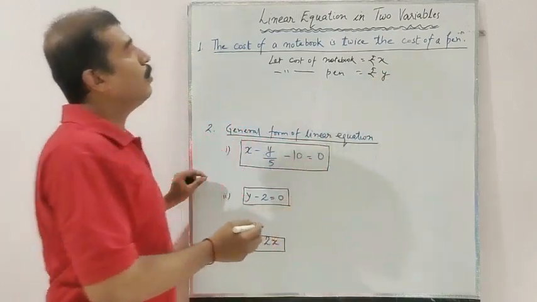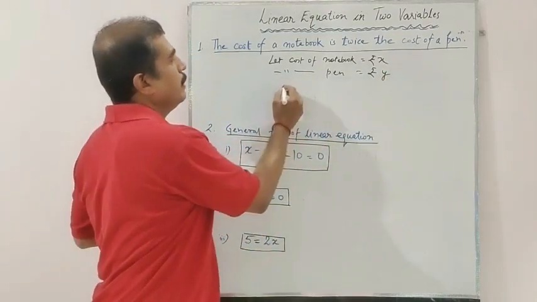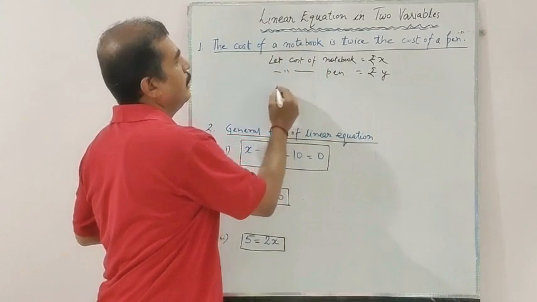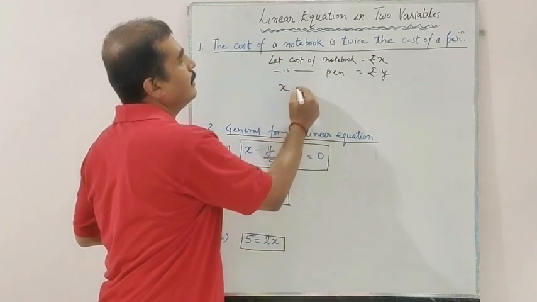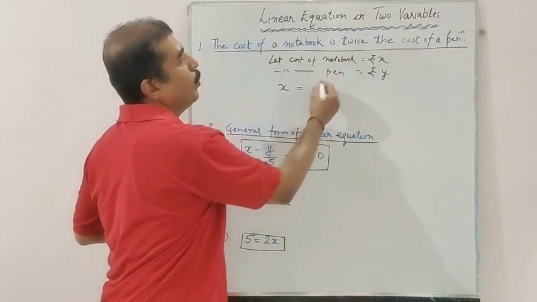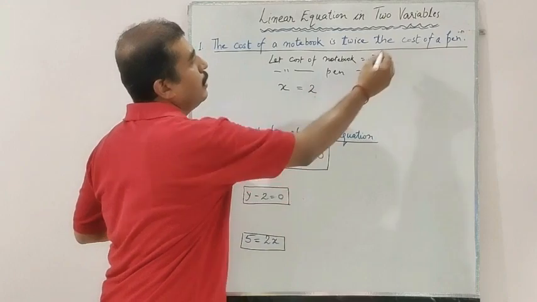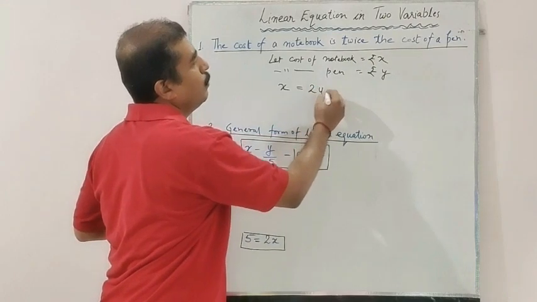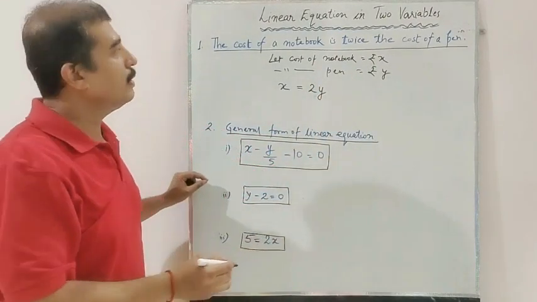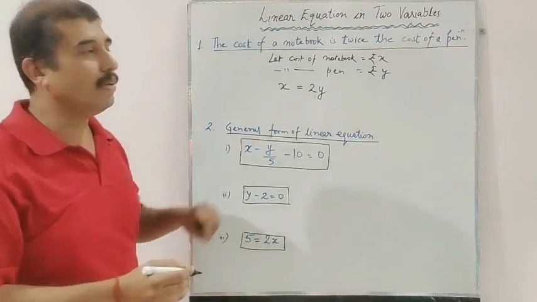So the cost of the notebook, x, is equal to twice the cost of the pen, 2y. This is the formation of a linear equation from the given statement.